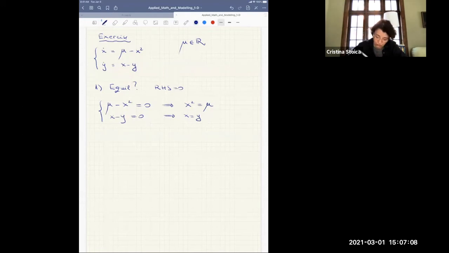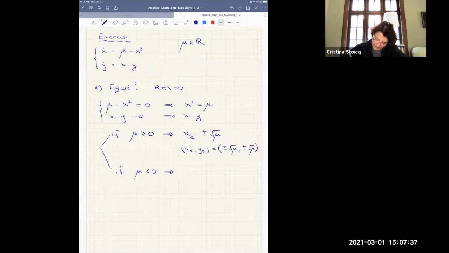If mu is greater or equal than 0, then we're going to have x equals plus minus root mu as equilibrium, and y is the same, because x equals y. Whereas if mu is negative, then there are no equilibria.